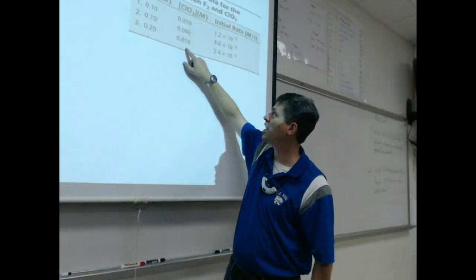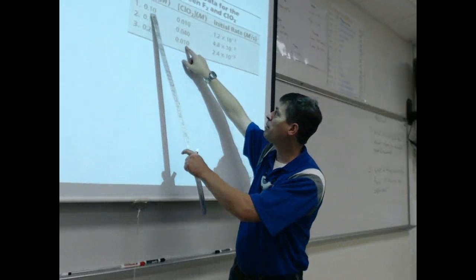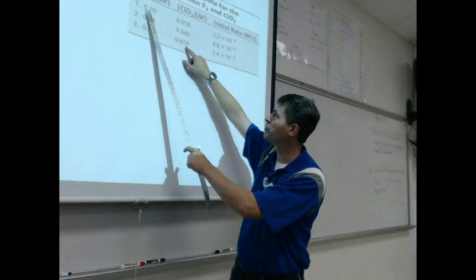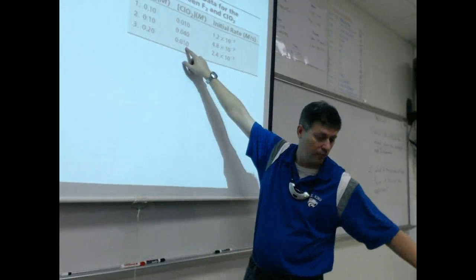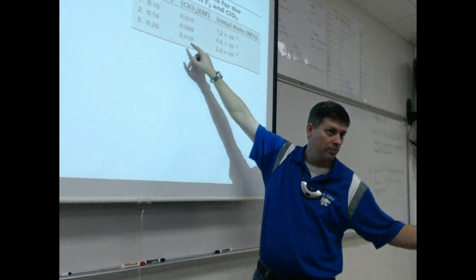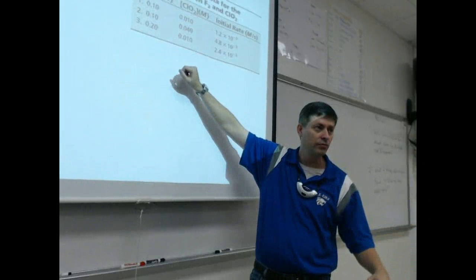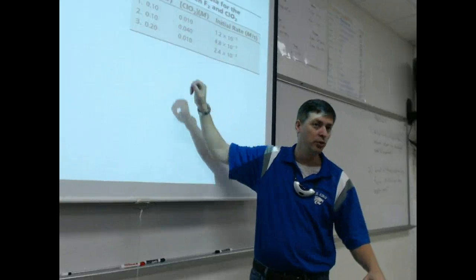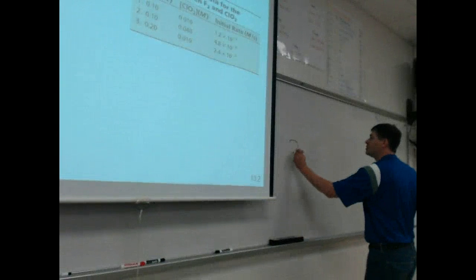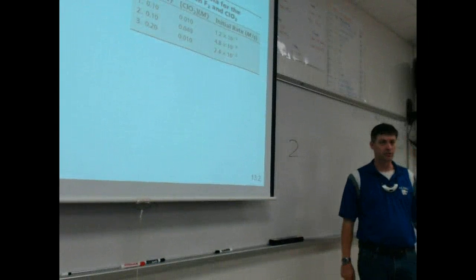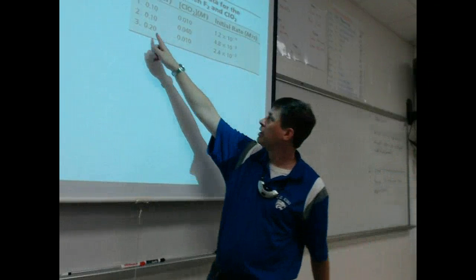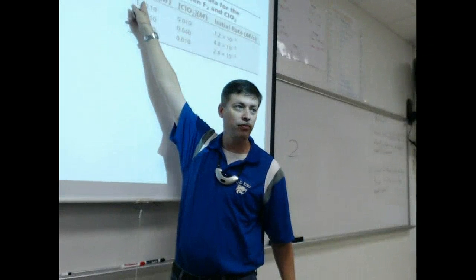So my concentration of F2 from the first trial to the third trial increased by 0.1. And that is a factor of 2. We doubled the concentration. This one is twice as concentrated as this one, right?